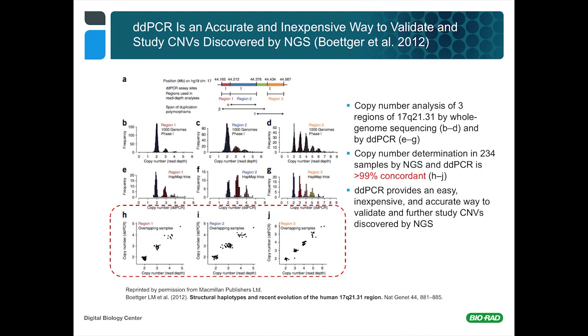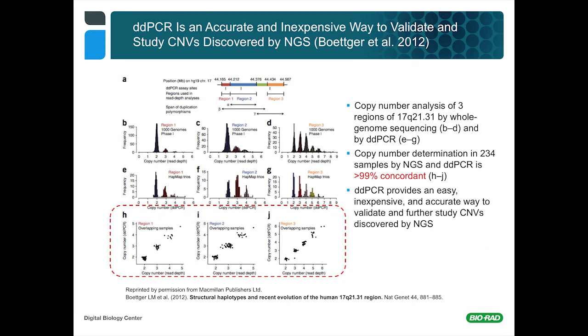And in the second row, B through D, you can see a histogram of copy number states or copy number alleles at these multi-allelic loci that show for region 1 in B, region 2 in C, and region 3 in D, the frequency of each of those alleles as assessed by next-generation sequencing.